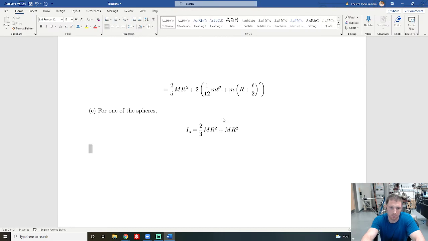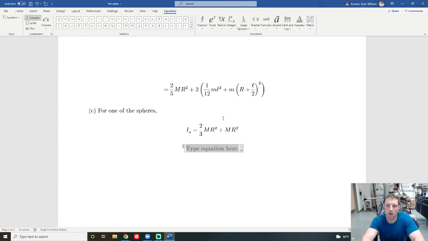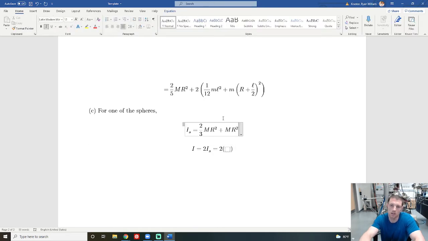Now the total moment of inertia is just 2 times one of the moments of inertia. And you can combine this, right? This would be 2/3 mr squared plus 3/3 mr squared, so this would be 5/3 mr squared.